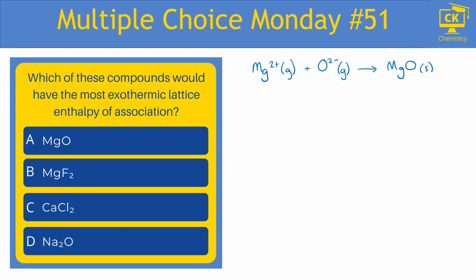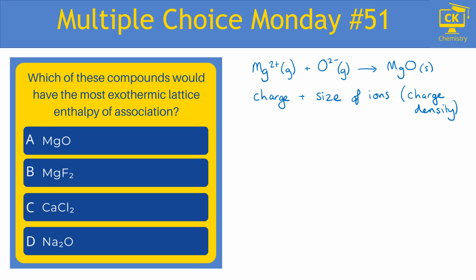And all of those electrostatic attractions depend on the charge on the ions and the size of the ions, and you may have been taught to group those together as one thing, charge density. So how much charge there is, whether it's a +1, a +2, -1, a -2, etc. And then the radius of the ion, so how much that is spread about, which is just related to its position in the periodic table.